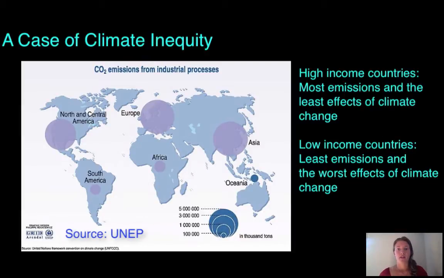So I call this a case of climate inequity because high-income countries, which can be seen in North and Central America, Europe, and Asia, have the greatest share of carbon dioxide emissions and will bear the least environmental effects of climate change, while low-income countries, most specifically South America and Africa, which have the lowest share of carbon emissions, will experience the worst effects of climate change.